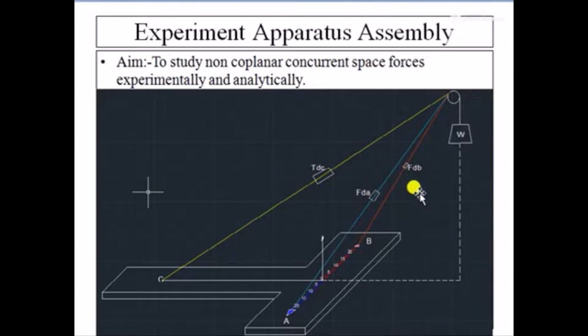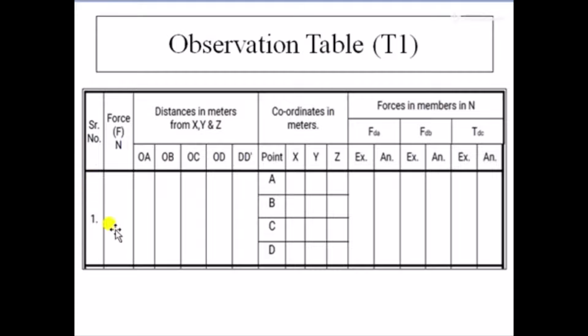This is how the apparatus setup is. We take the first reading accordingly, then we change the distances of point A and point B with respect to the origin. We vary these distances and again take the values. So I will explain one set of readings here.